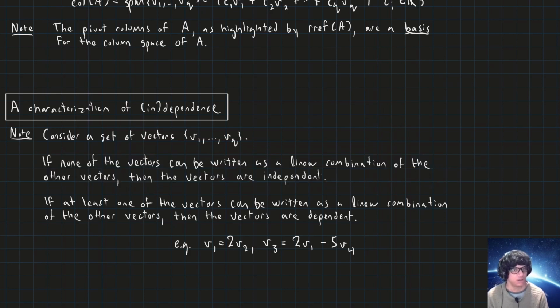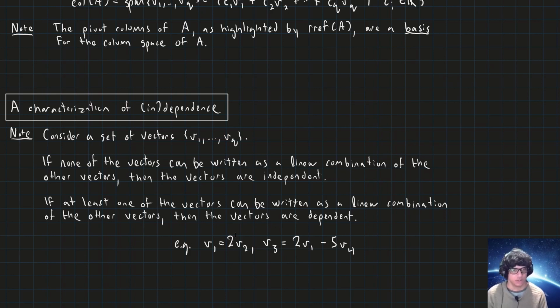If none of the vectors can be written as a linear combination of any of the other vectors, then the set is independent. On the other hand, if at least one of the vectors can be written as a linear combination of the other vectors, then we say the set is dependent.